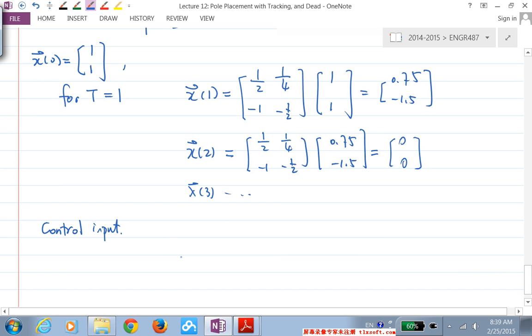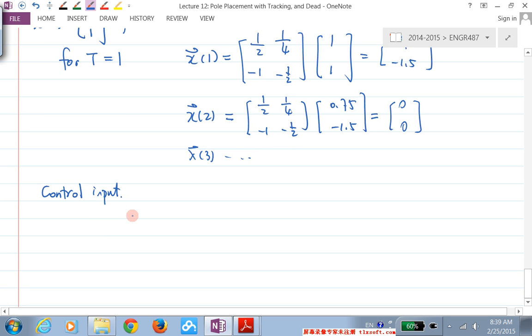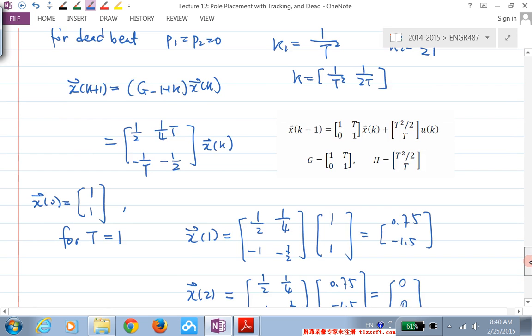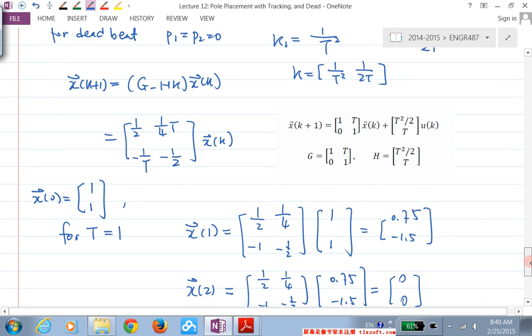If you recall that from the previous lecture. So let's see, what's u of k? U of k equal to negative K times x of k. That's u of k. And what is the K again? K is 1 over t squared, 1 over 2t.